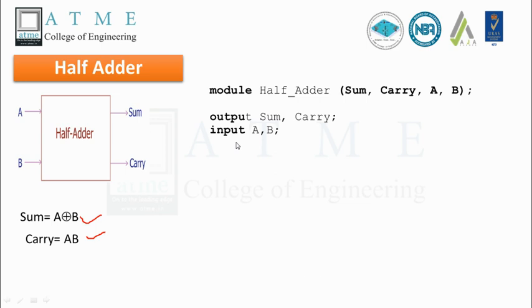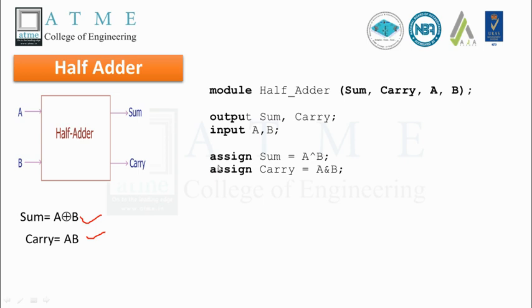Directly, we will try to establish the relation between the input and output through a data flow statement. Wherever we are using the keyword assign, which is a keyword in Verilog, it indicates that the statement you have written will be considered a data flow statement.